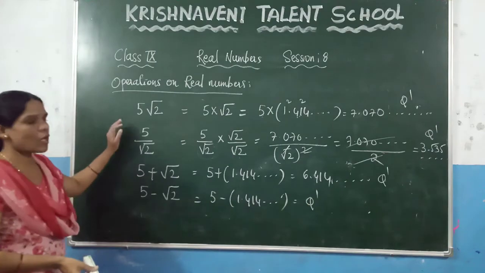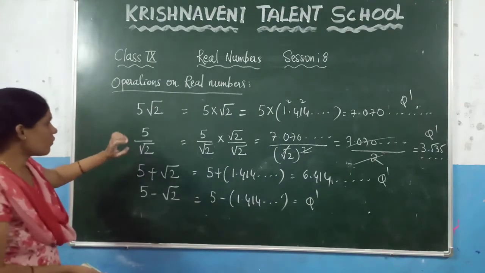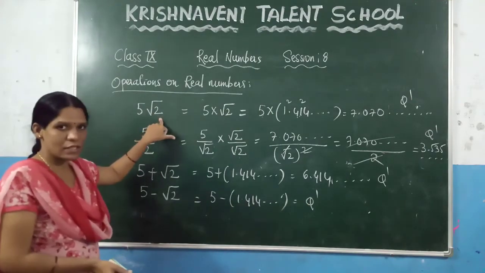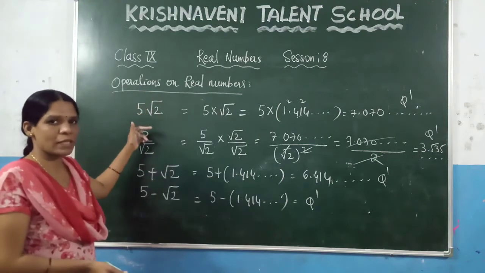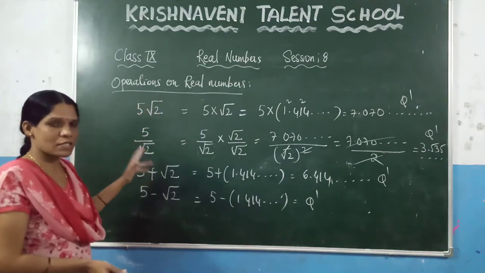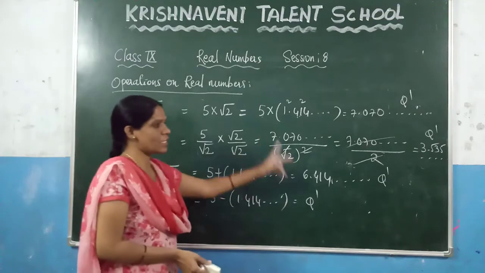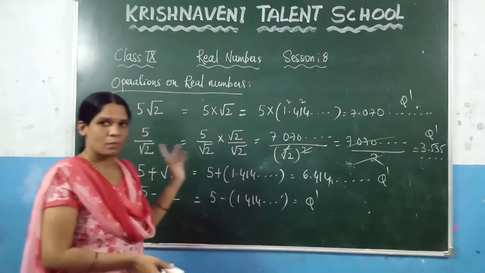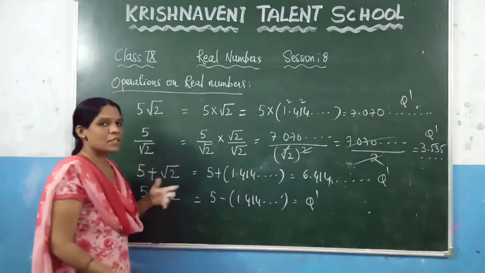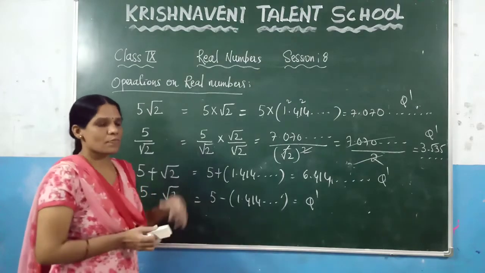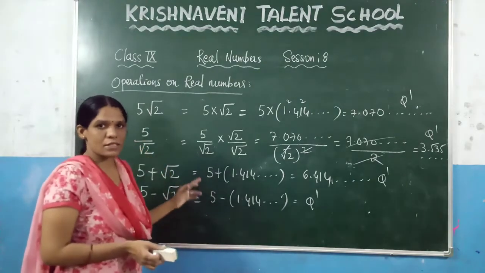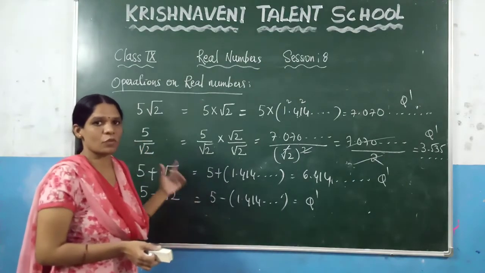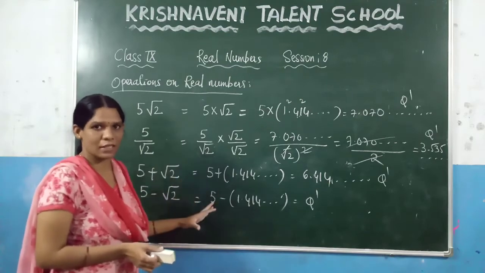So what we can observe from this is, if one is rational and the other is irrational, then with addition, subtraction, multiplication, division, you will always get the result as an irrational number. Before, we discussed that the sum, difference, product, or quotient of two irrational numbers need not be irrational.